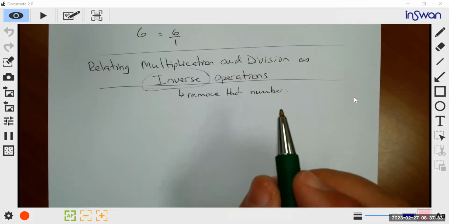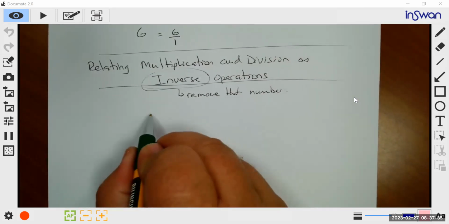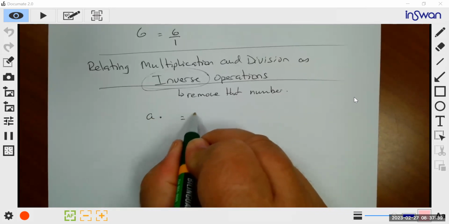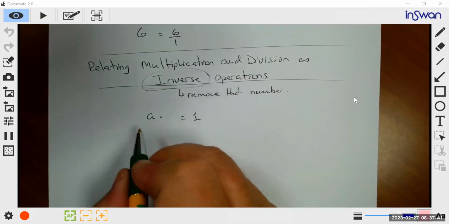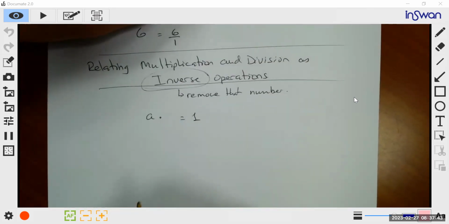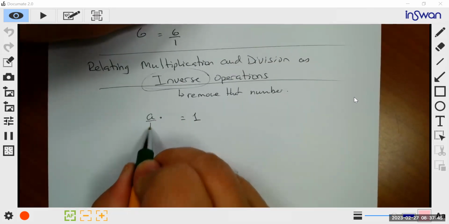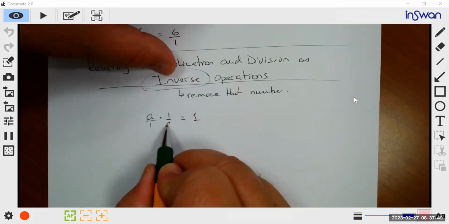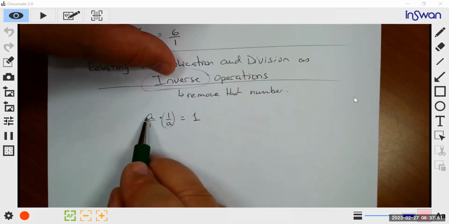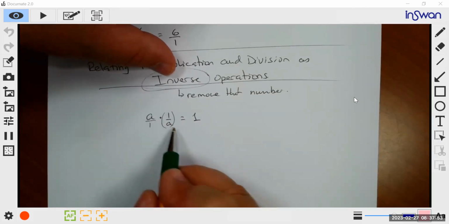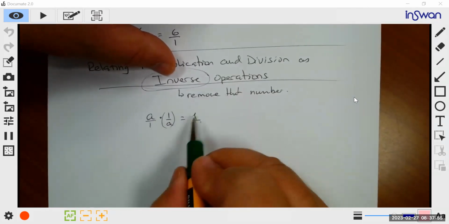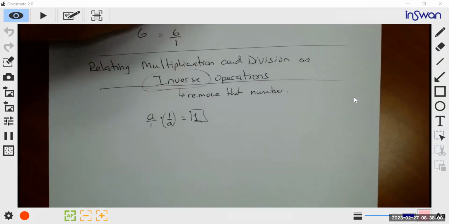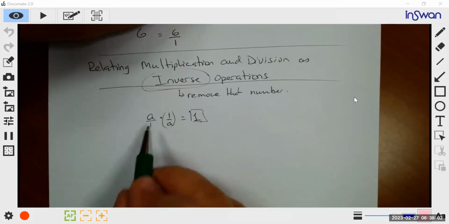When we say inverse operations, if I multiply A over 1 by something to get 1, the inverse is 1 over A. If I multiply these two, the A's cancel, I get 1. If I get an answer of 1, then those are inverses of each other.